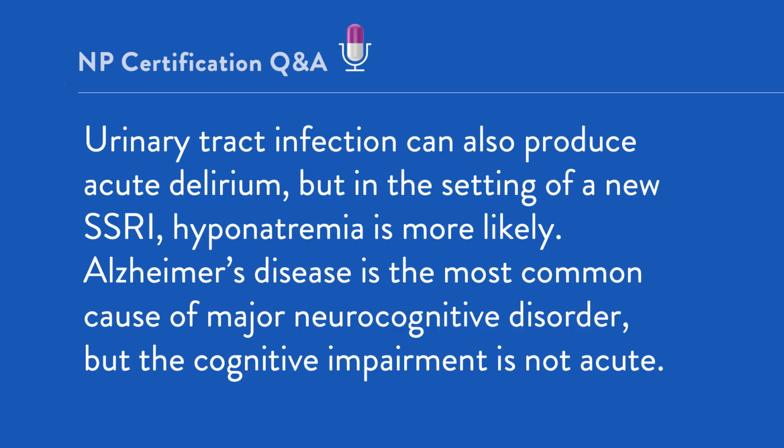Then Alzheimer's disease. Alzheimer's disease is not acute in onset. It doesn't sound typical to say that, well, the patient was fine 2 months ago and then suddenly they're confused and forgetful. But that's not to say it could not be the case.